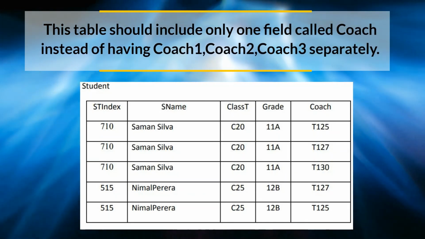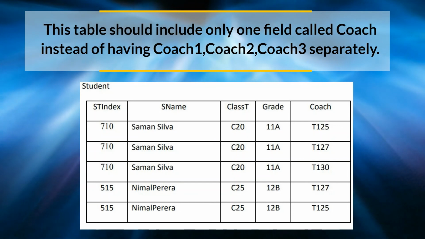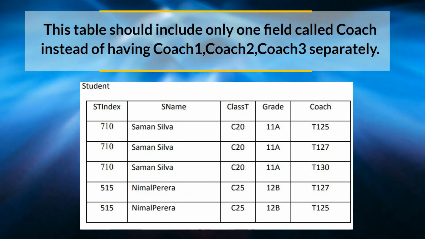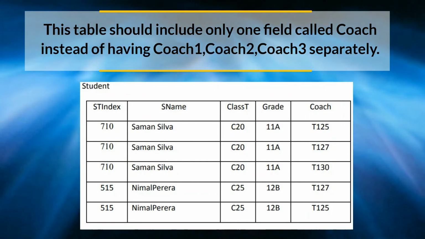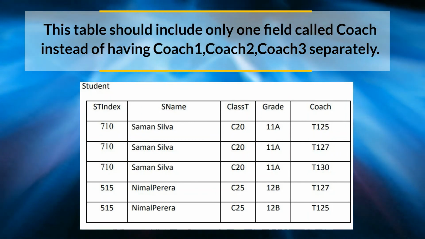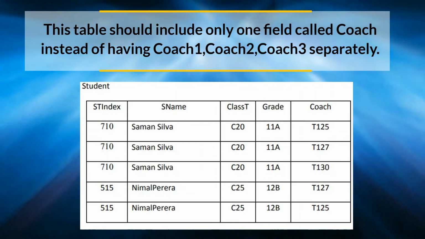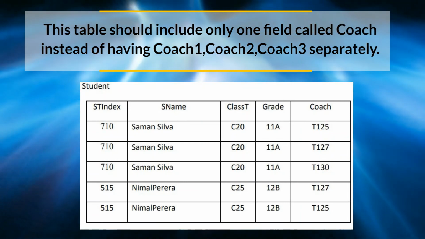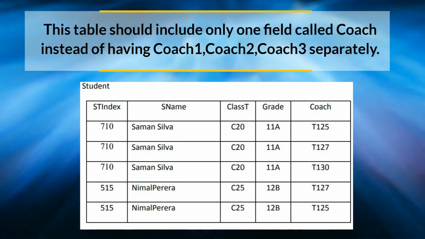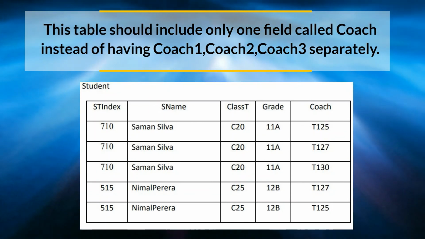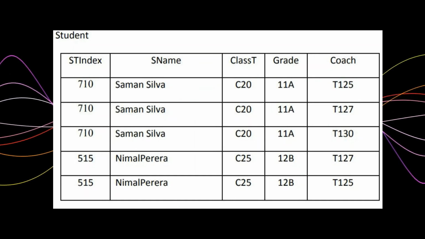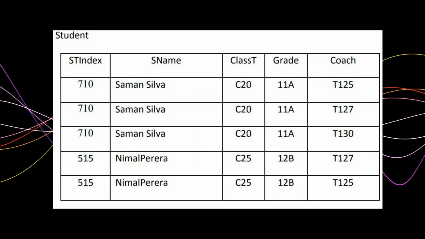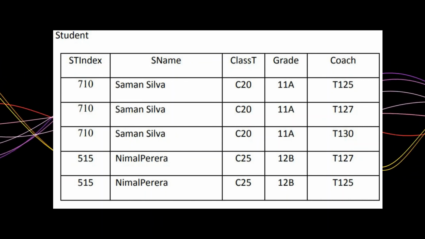To stop the repetition of the table, we should include only one field called coach, instead of having coach 1, coach 2 and coach 3 separately. You can create your new table according to the above instructions like this.